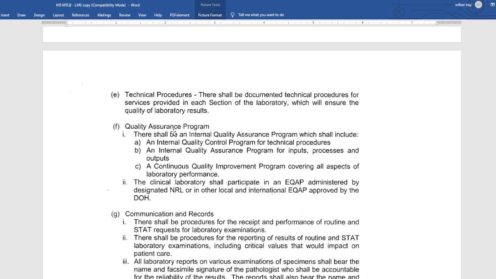Sa QAP naman, Quality Assurance Program, it shall include IQCP, Internal Quality Control Program, wherein quality controls are done on a daily basis.